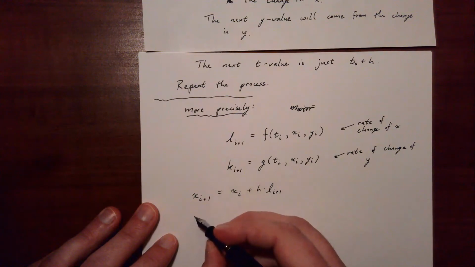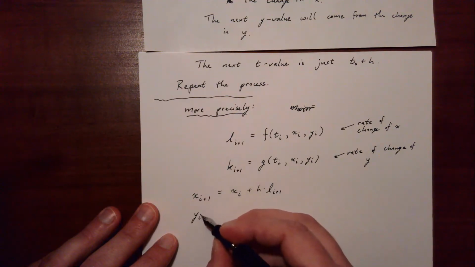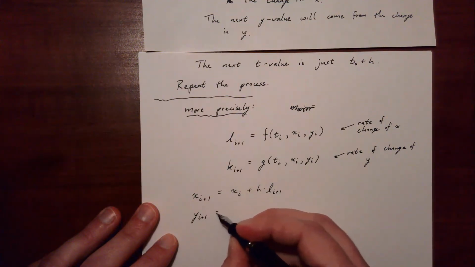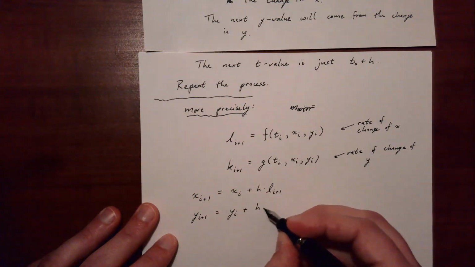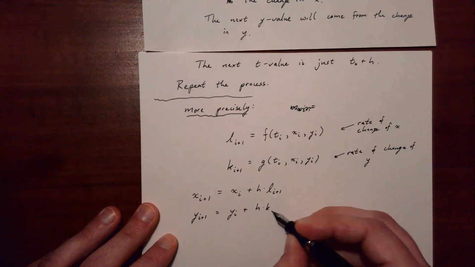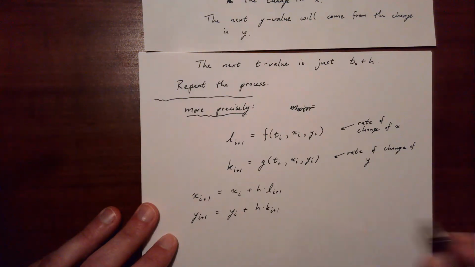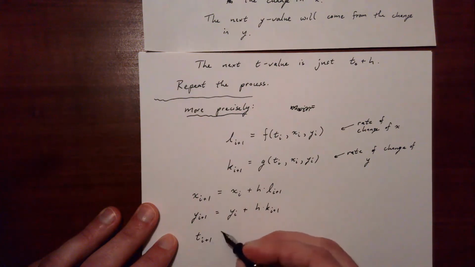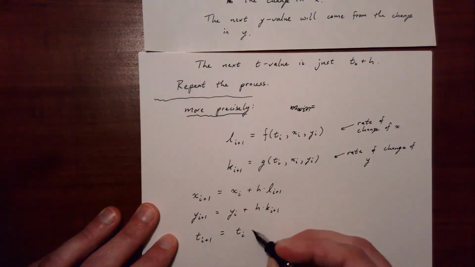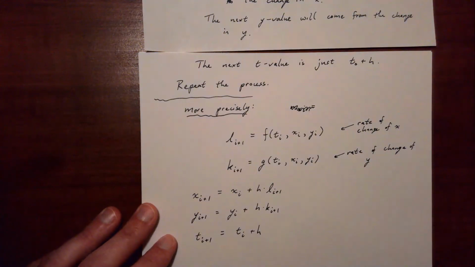The next y value will be the previous y value plus h times k, so i plus 1. And then the next t value will just be the previous t value plus h.